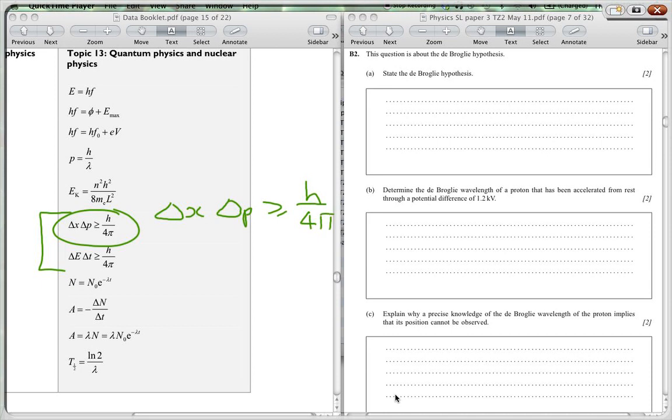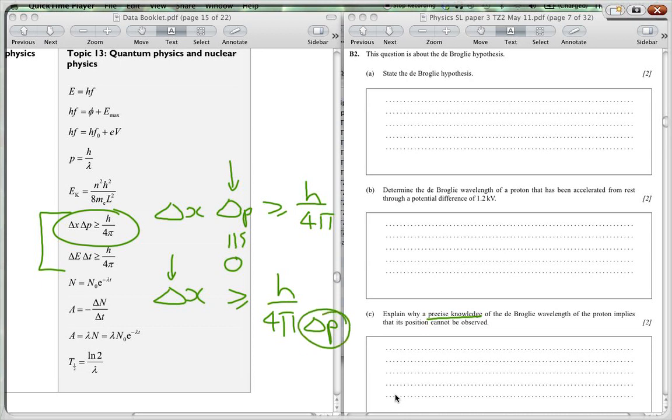Now, if this is known precisely, as it says, a precise knowledge, then the uncertainty in p tends to go to 0, or goes close to 0. Then your position uncertainty, how much we know about our x value, is going to be greater than or equal to h over 4 pi divided by your change in p.